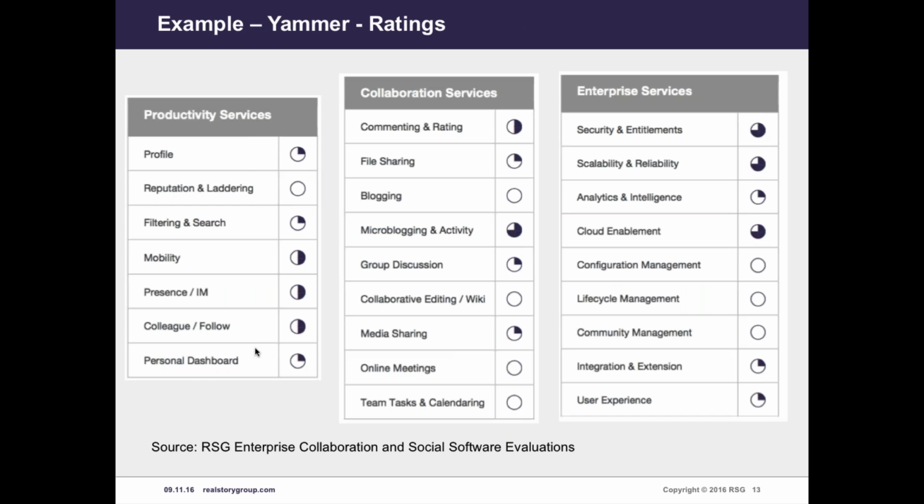So let's take a look at this in action here, taking from our research. I'm just going to use Yammer as an example now. We have similar charts and ratings and pages of narratives to back this up for every one of the 24 vendors that we evaluate, but I'm just going to show you Yammer here. It's kind of interesting. Yammer does reasonably well in terms of the productivity services, presence and instant messaging. It has a decent mobile client, not a great mobile client.